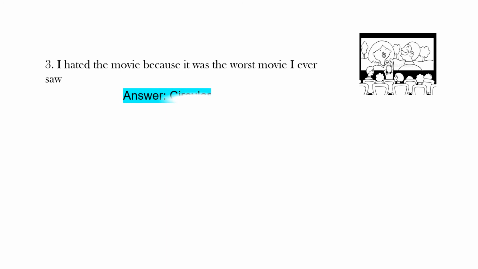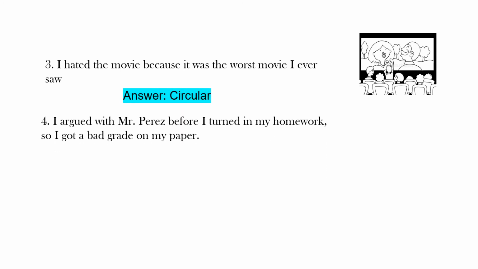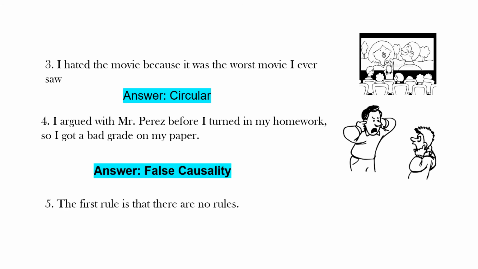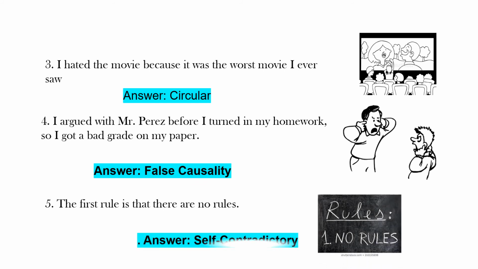Answer: circular. Next, I argued with Mr. Paris because I turned in my homework so I got a bad grade on my paper. Answer: false causality. Next, the first rule is that there are no rules. Answer: self-contradictory.